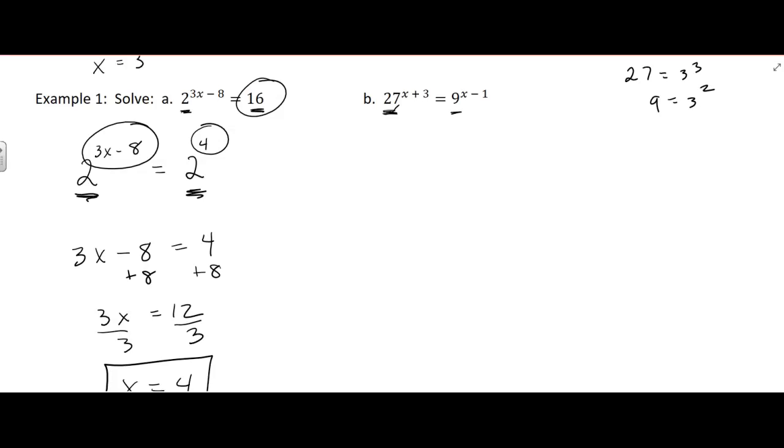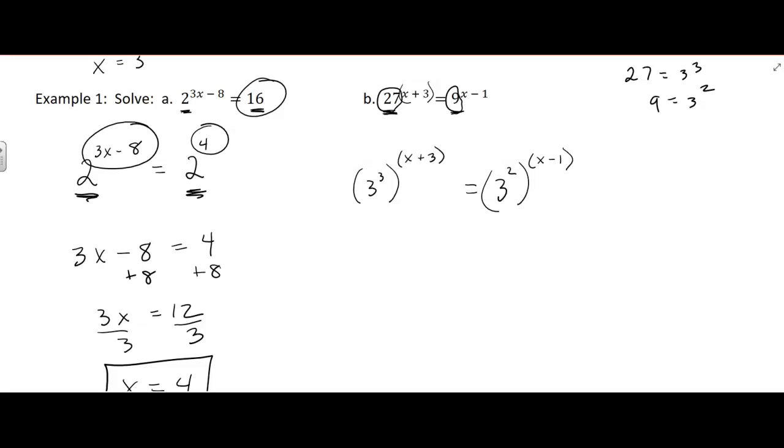So I replace the 27 with 3 cubed, and I'm putting parentheses around this exponent because otherwise it's going to get tricky to read. And then I replace the 9 with 3 squared, again with that exponent in parentheses.